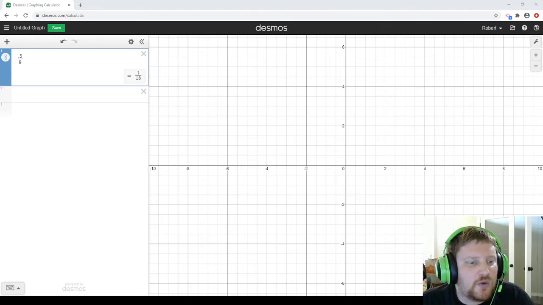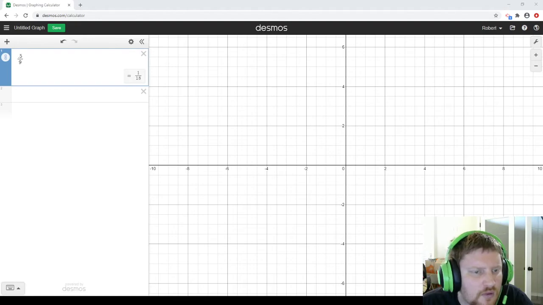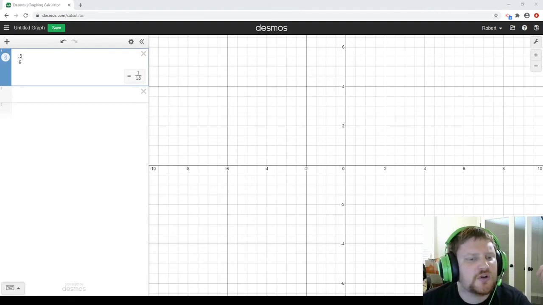This equation is equivalent to the given form g of x because x minus... I'm not sure what they're saying here.